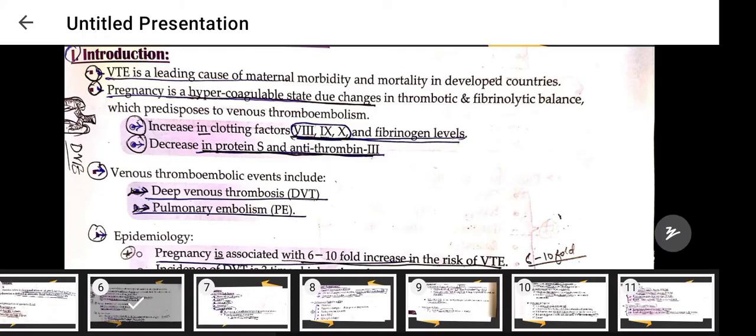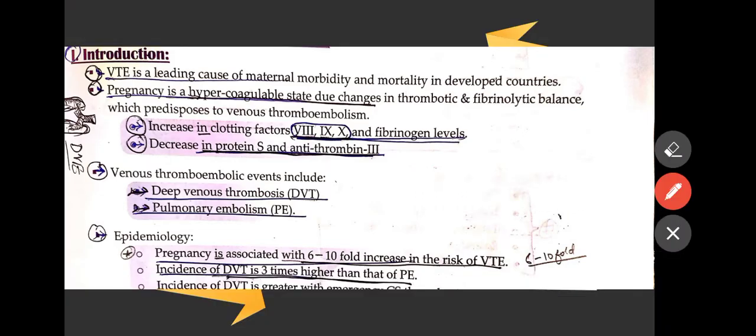Now another complication of antenatal obstetrics is venous thromboembolism. It is a leading cause of maternal morbidity. Thromboembolism occurs when a clot or amniotic fluid embolus dislodges into the lung, and there are different complications. There is an increase in clotting factors and a decrease in protein C and S. It may occur as deep vein thrombosis or pulmonary embolism, and the patient may die because of these complications.